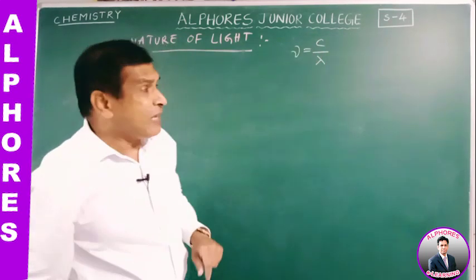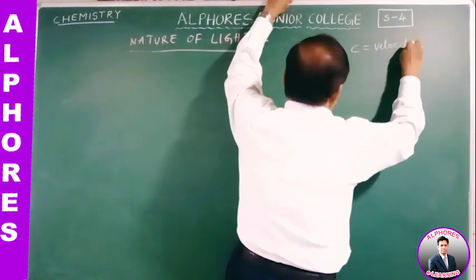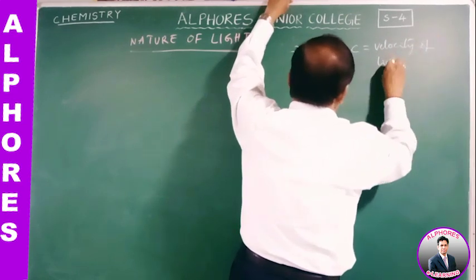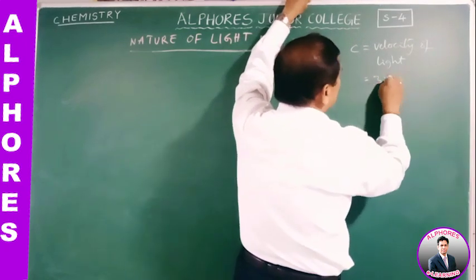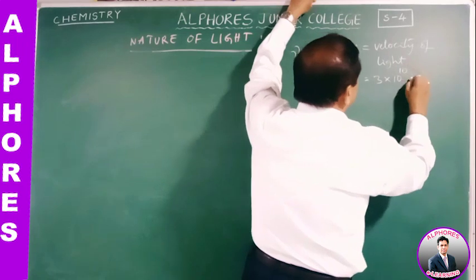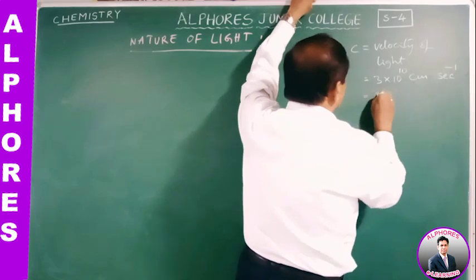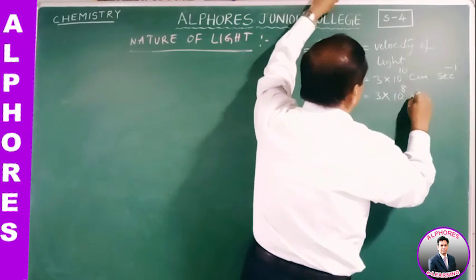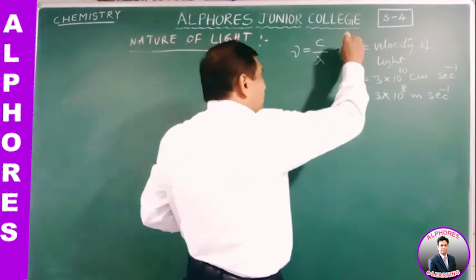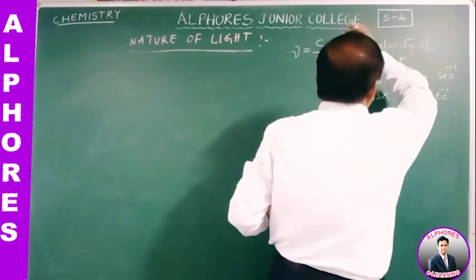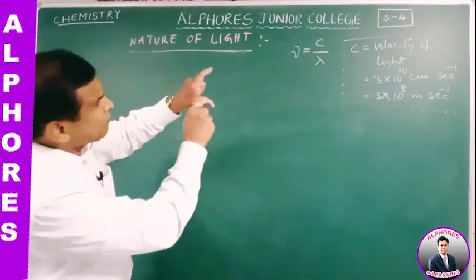The c is nothing but the velocity of light, that is a constant value, 3 into 10 to the power 10 centimeters per second or 3 into 10 to the power 8 meters per second. That is, velocity of the light is considered as constant.